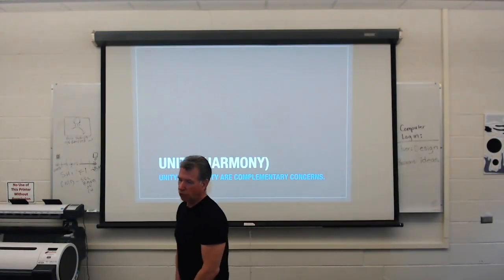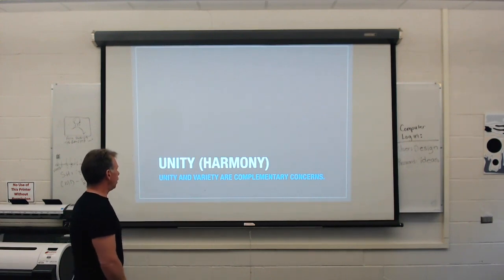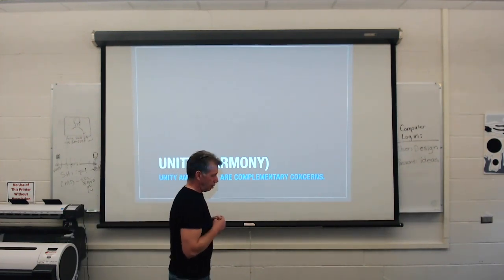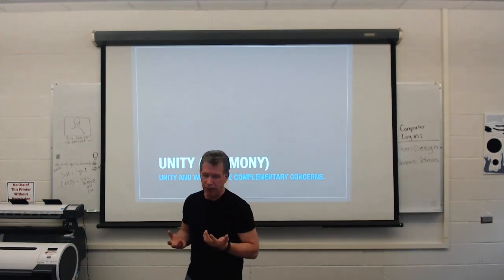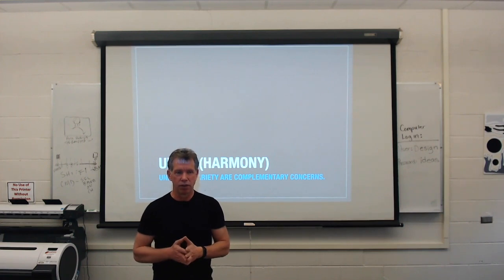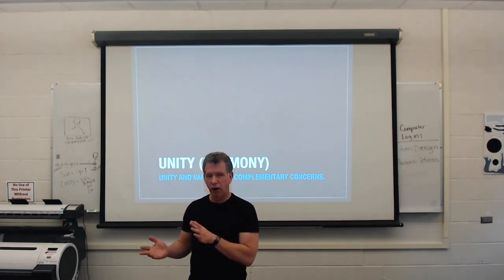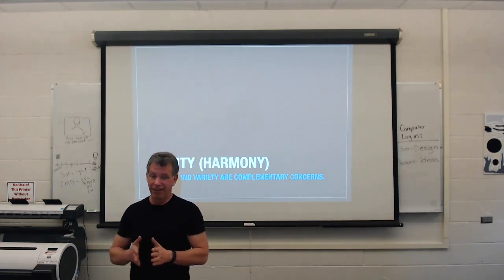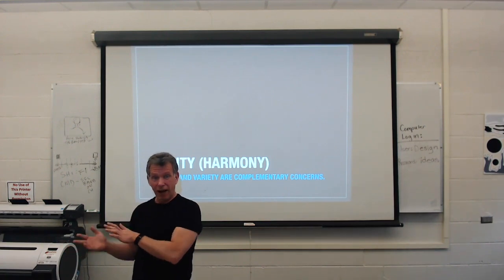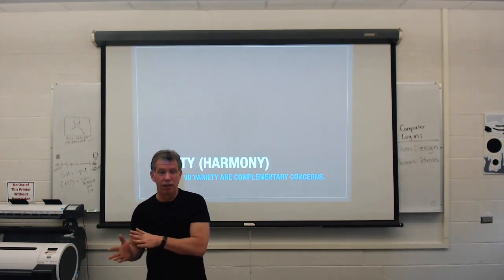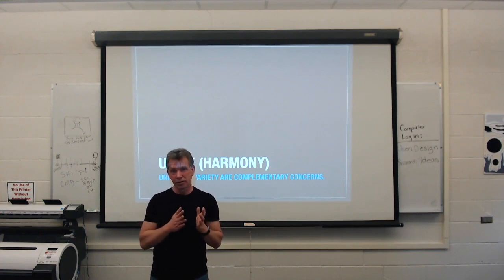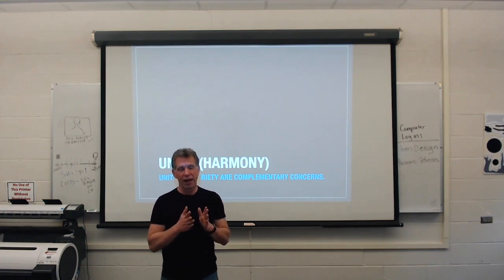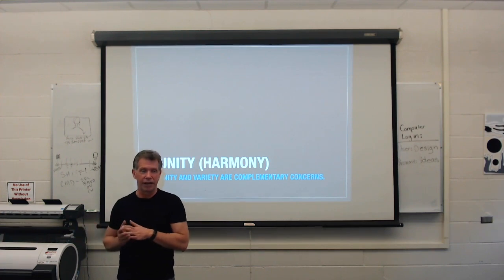Okay, so unity. Unity and variety are complementary concerns. What does that mean? Well, technically, what it means is that they are together. If you have a lot of harmony, you have very little variety. If you have very little unity or harmony, then you have a lot of variety.